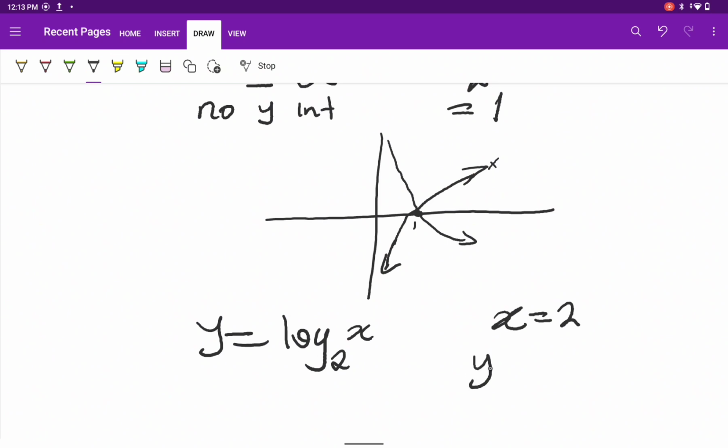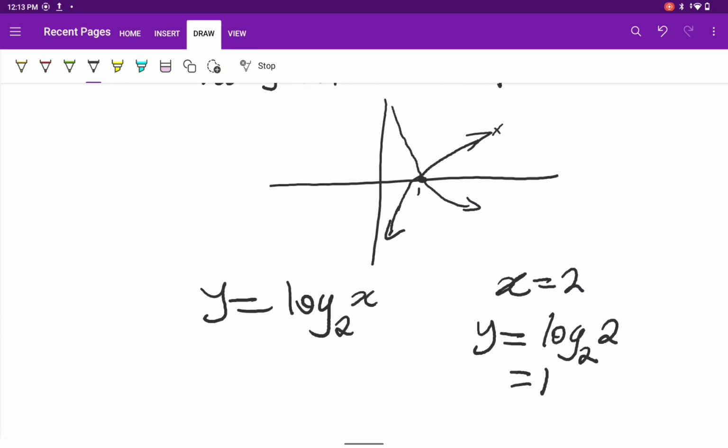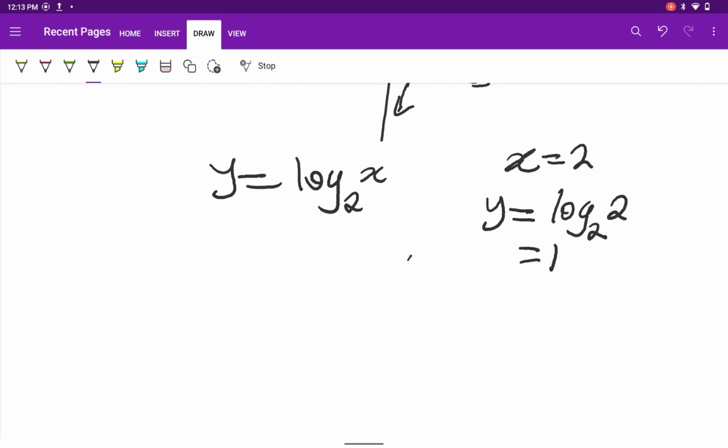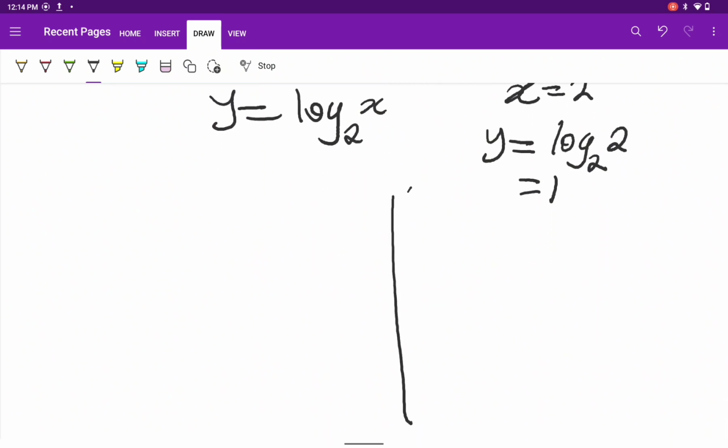We will have log 2 base 2. Now log 2 base 2 is 1. So the other point is where x is 2 and the y value is 1. So now we can sketch our graph.